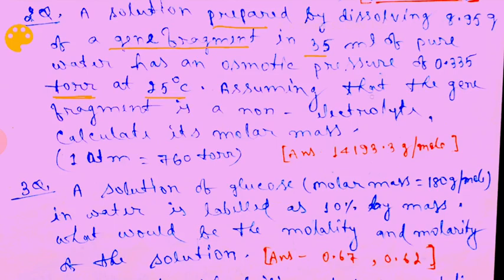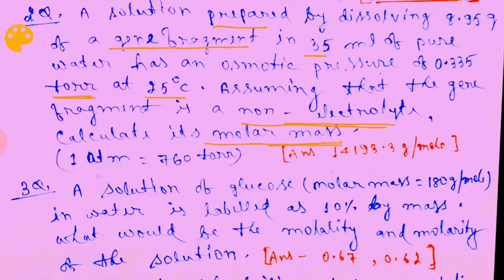Assuming that the gene fragment is non-electrolyte, means it does not dissociate into ions. Electrolyte means dissociate into ions, and non-electrolyte does not dissociate into ion. Calculate its molar mass, means molar mass of the gene fragment, capital M.